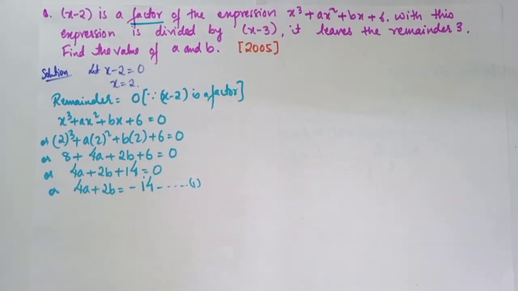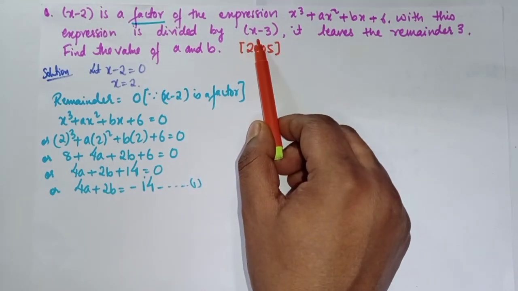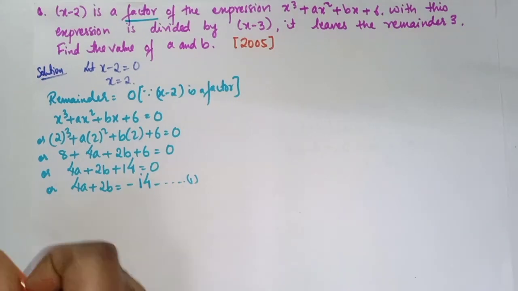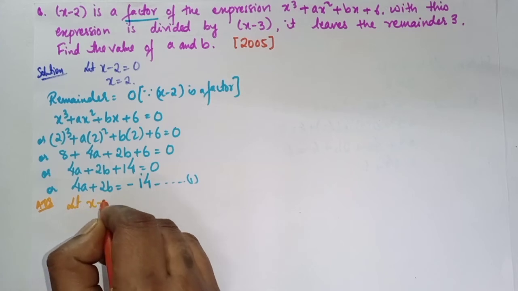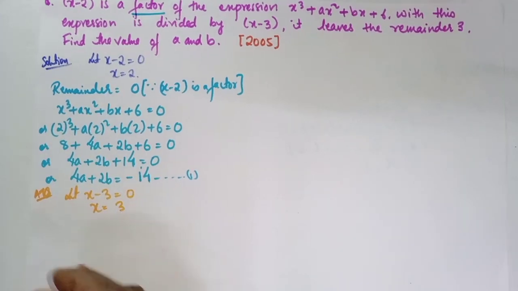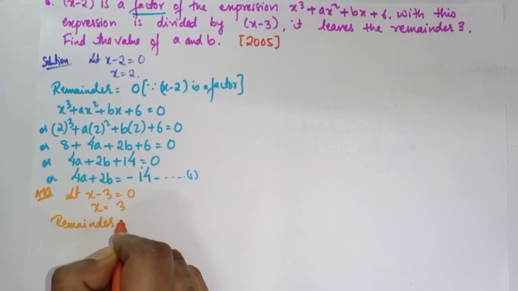Now I have to form equation 2. Next, what they have given: x minus 3 is dividing the expression and the remainder is 3. So according to the question, let x minus 3 equal 0. So x equals how much? 3. The remainder is 3.